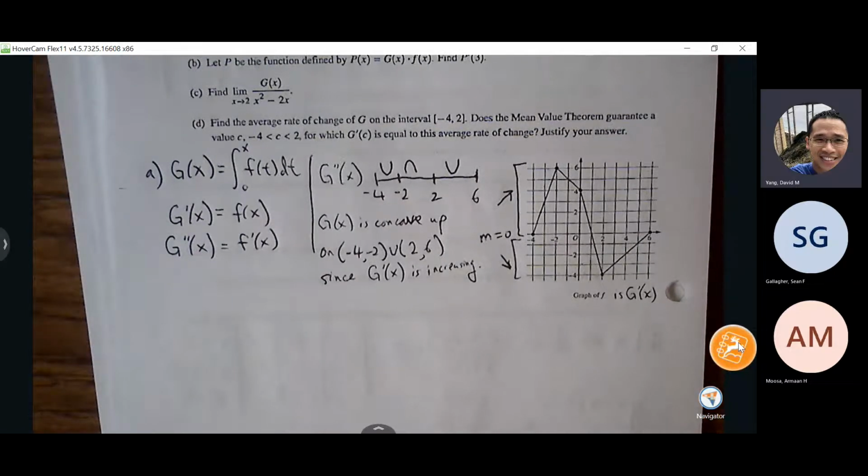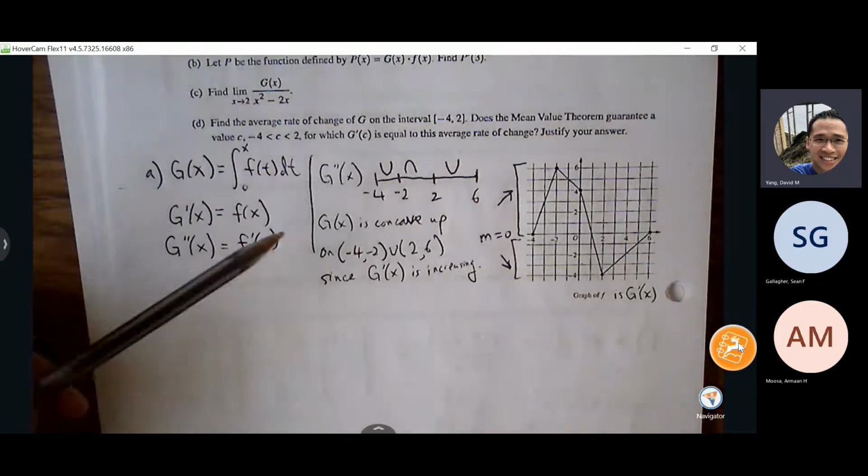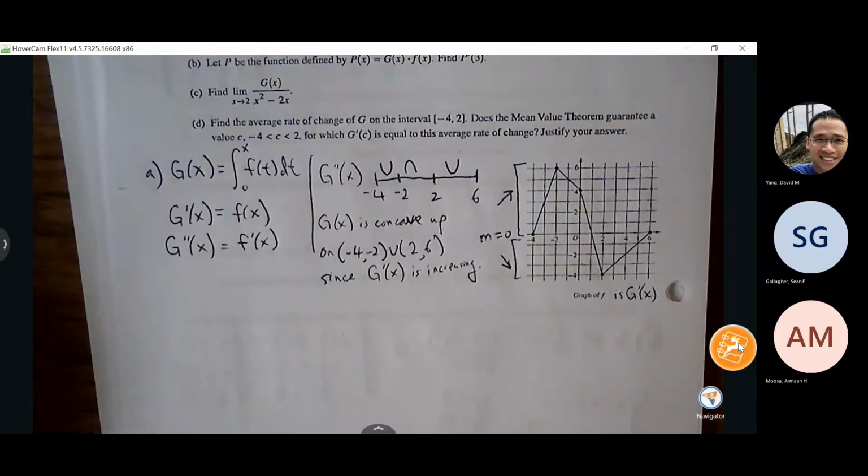Wherever g prime is increasing, it's going to tell us where g double prime, or the original graph, is going to experience concave up.